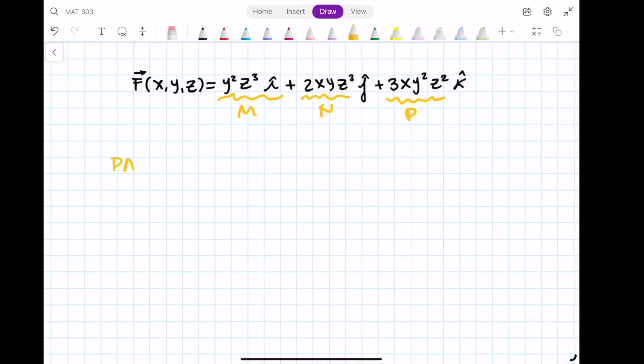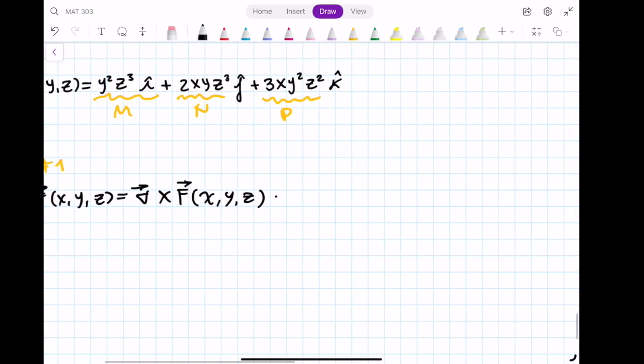This part, number 1. The curl of a vector of x, y, and z is equal to the gradient cross product of x, y, and z.